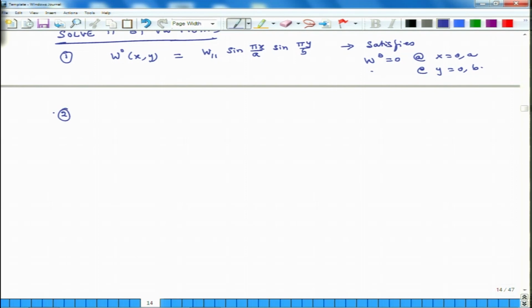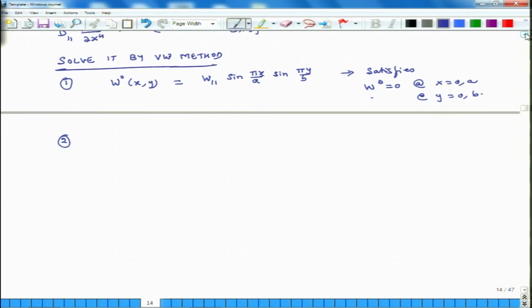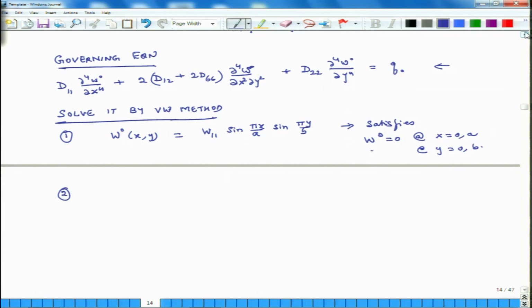Second, we compute the residue or the error force. So, how do we find the error force? We plug this in the differential equation, and then we compute the error.